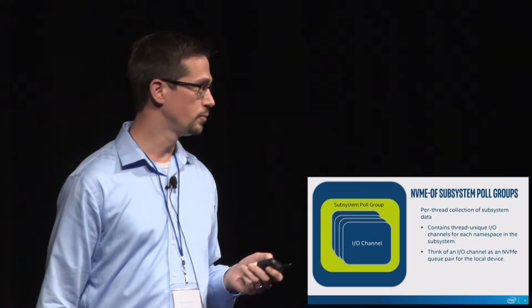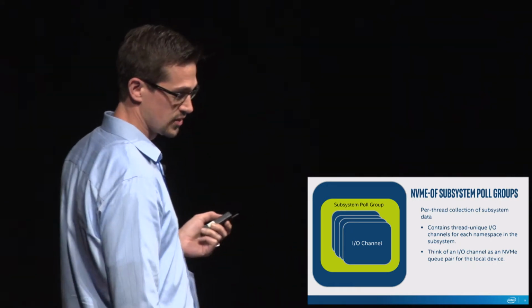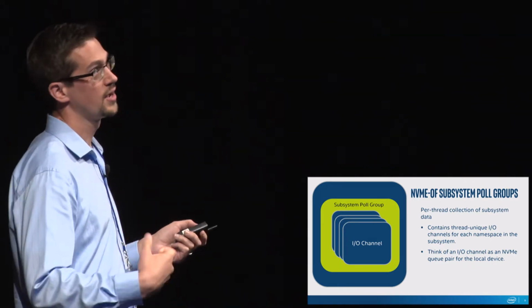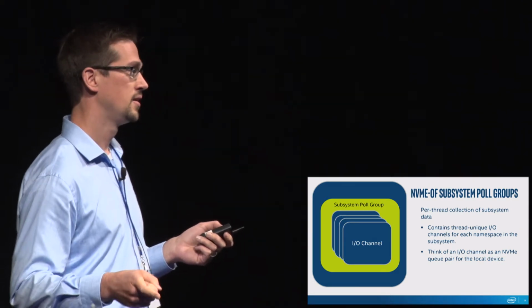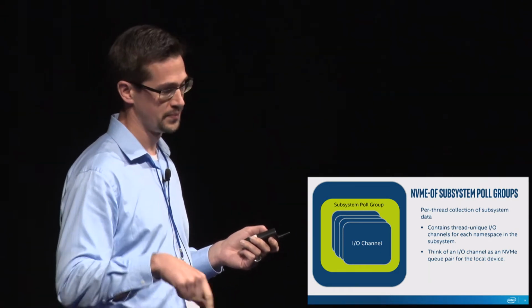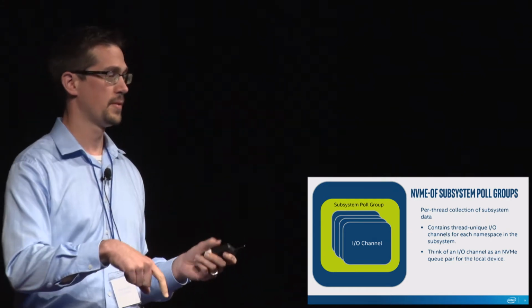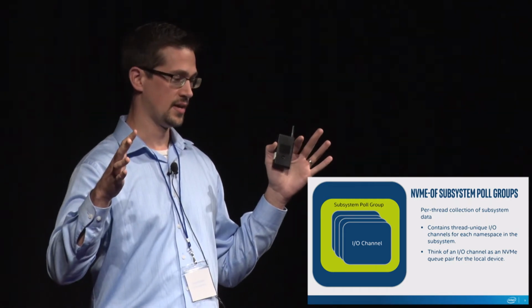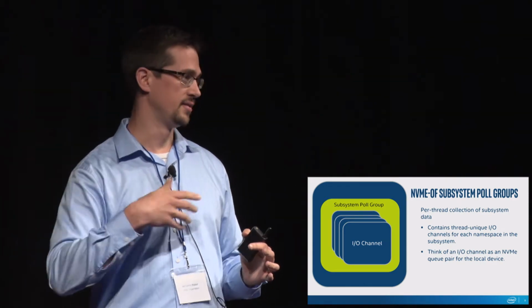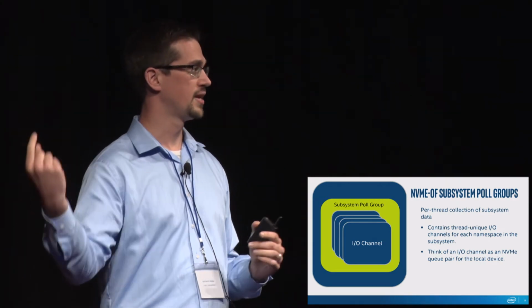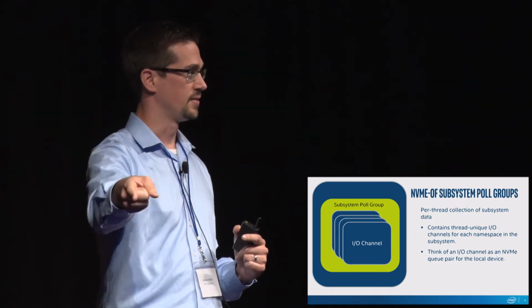The subsystem poll group, similarly, contains a collection of I/O channels. To submit an I/O to a SPDK block device, you must have an I/O channel that is for the thread you're submitting it from. Remember, every controller can see every namespace. So any Q pair on any thread for a controller has to be able to submit an I/O to any namespace in the back end.